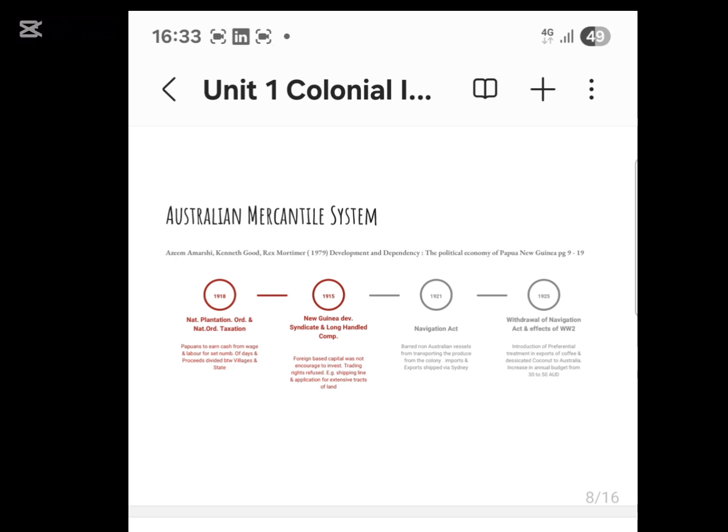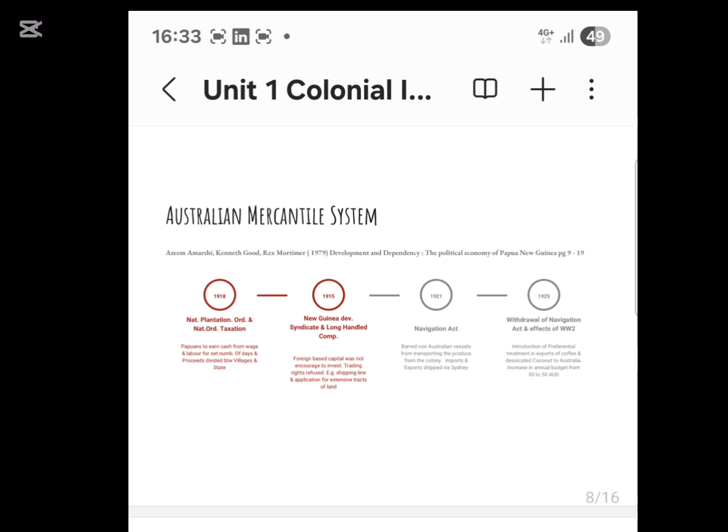Now, what is this Australian mercantilist system? You have 1901, Australia becoming independent from Britain.